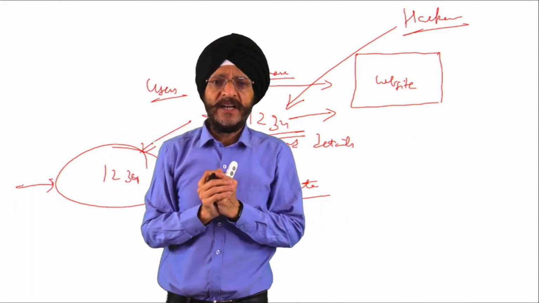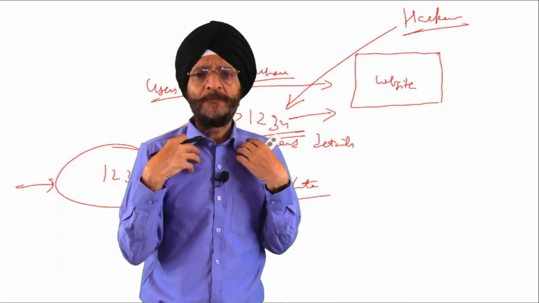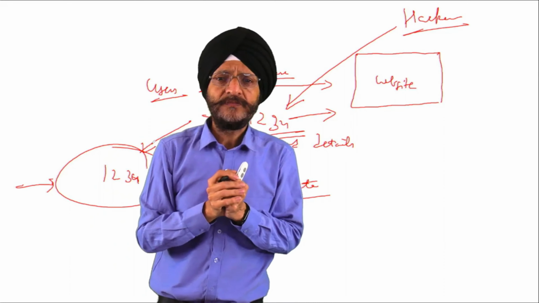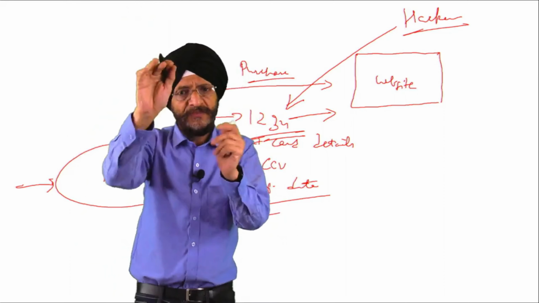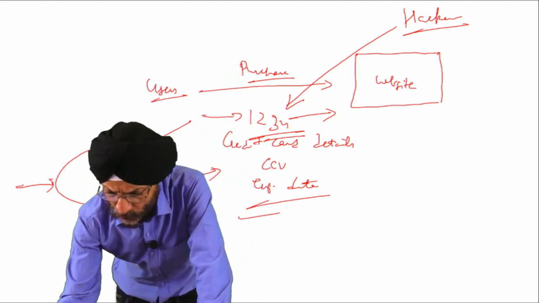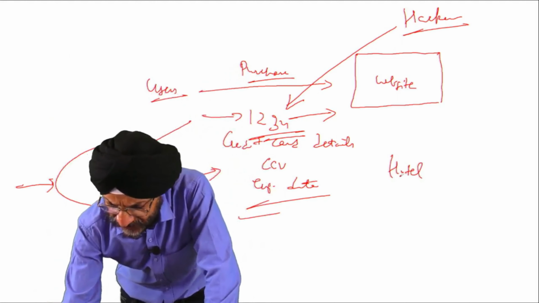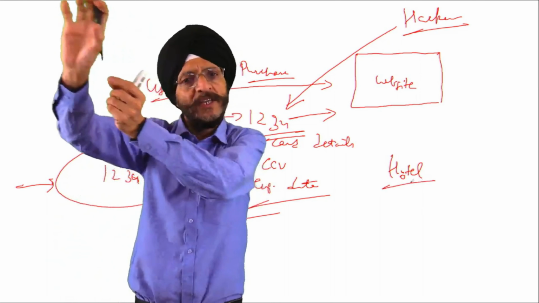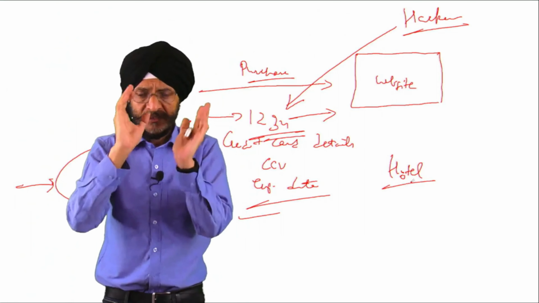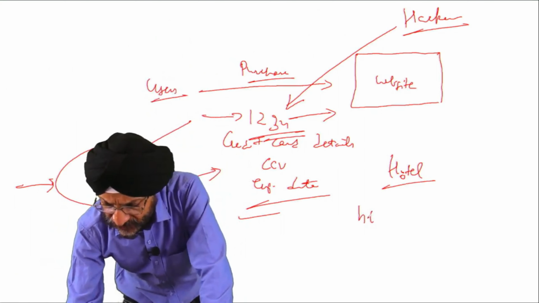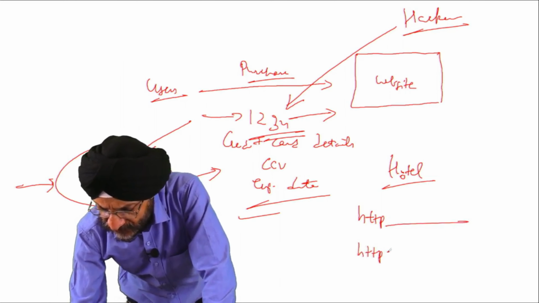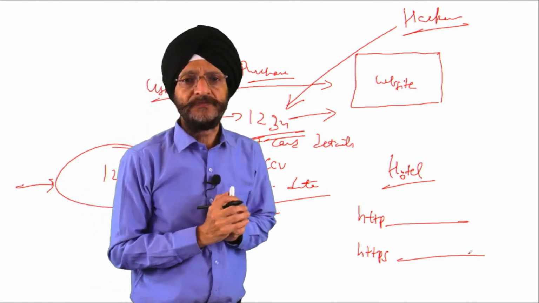It normally happens that as a layman, when we want to search any information, we go to the internet and find whichever information we want. Suppose we want to search some hotel for staying in some city, we will put hotel in a particular city, and on the search engine we may find some websites which start with HTTP, the others may start with HTTPS.